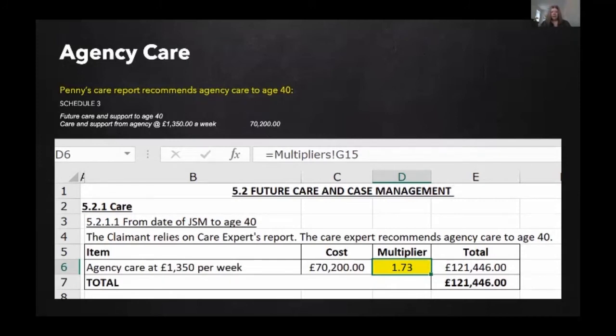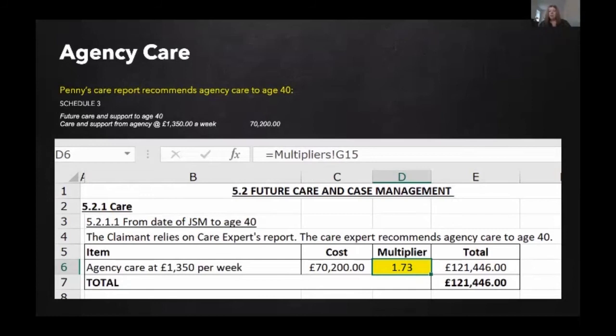On this slide, you will see that I have highlighted the multiplier box, which is D6. If you look to the top of the screenshot where it says equals multipliers exclamation mark G15, you'll see that I did not simply type 1.73 into the multipliers box myself.